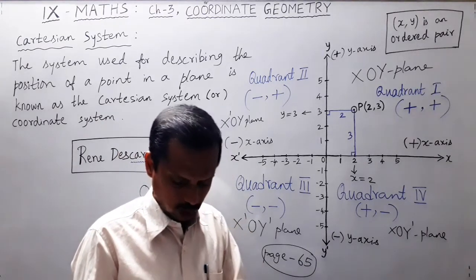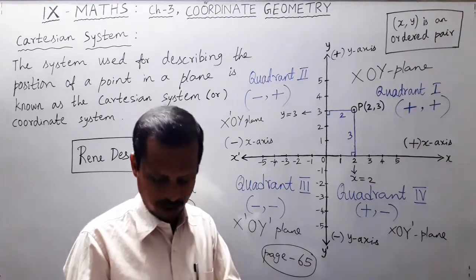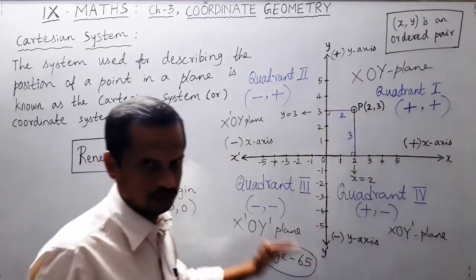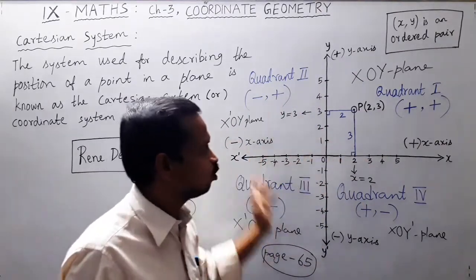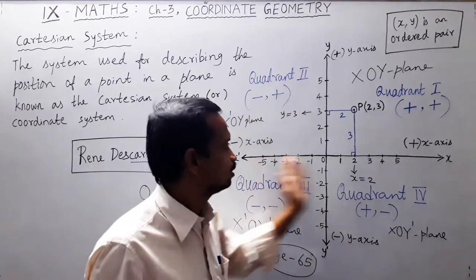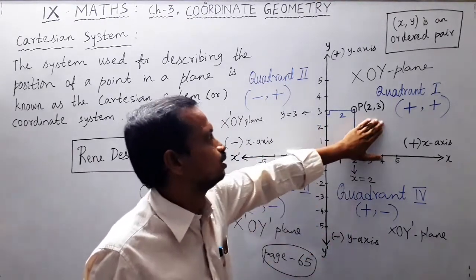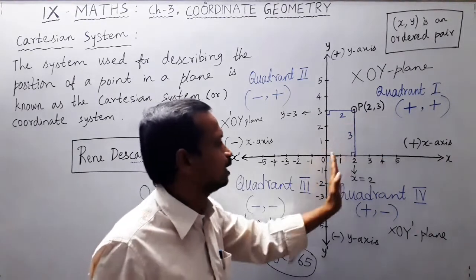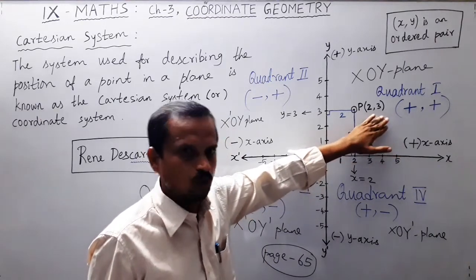And the fourth point: the coordinate axes divide the plane into 4 parts called quadrants. Just now I told you, this board is a flat surface, which is a plane. The plane is divided into 4 equal parts by these 2 lines, the x and y axes. First we start from here, because x and y are both positive here. That is quadrant 1.